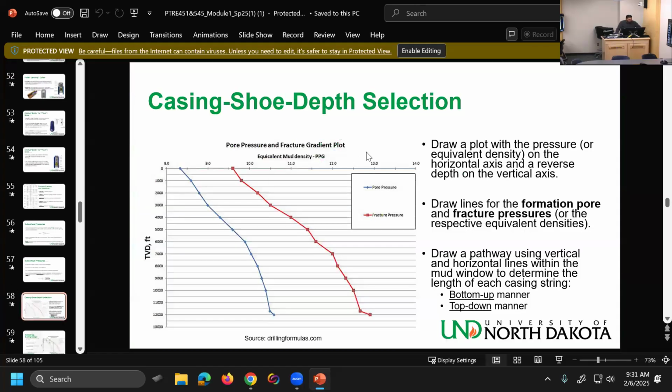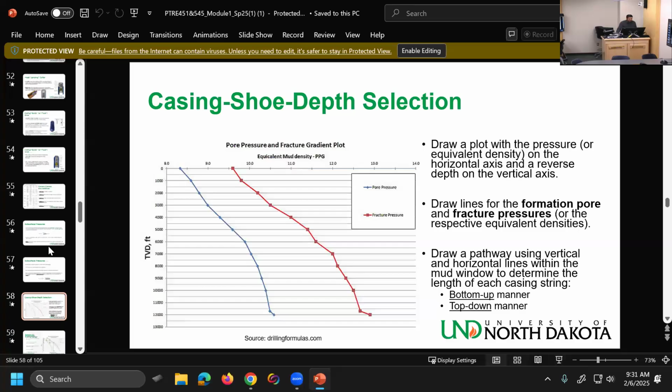It has to do with the mud window. Don't let the mud density go below a value which corresponds to the pore pressure, and don't let the mud density go high enough such that the bottom hole pressure corresponds to a value above the fracture pressure. We're going to talk more about those today.